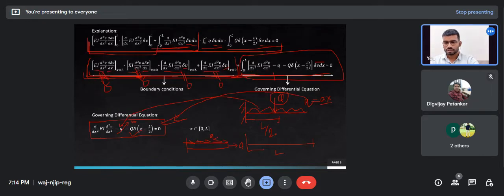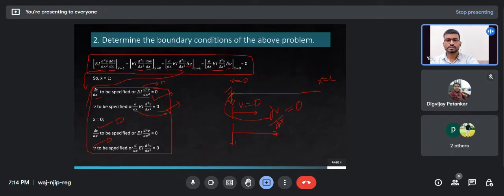Right? So here you will see the governing differential equation is this, and the order of the derivative is 4. Two here, two here, both will be combined. So the order of the governing differential equation is 4. According to the method we have discussed in the previous sessions, 2p will be equal to 4, so p will be equal to 2.